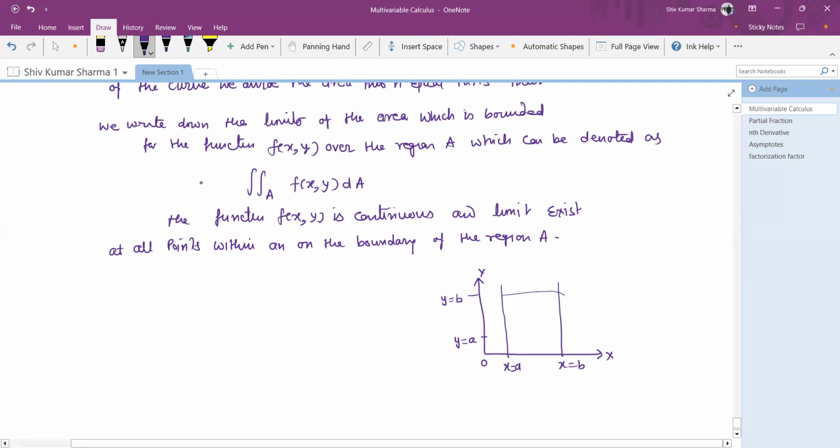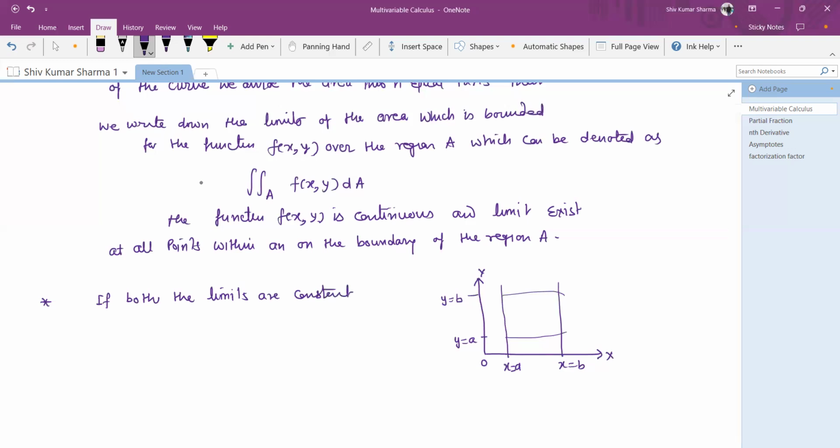First, if both the limits are constants.